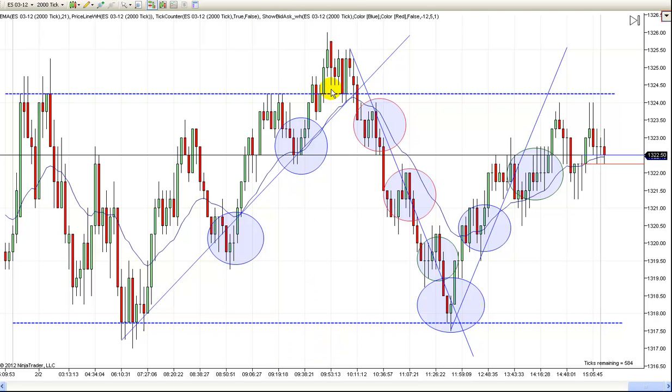But this is acceptance of these prices temporarily at this price. See how prices got up here, even though they couldn't go higher, they didn't immediately break lower, they got stuck right in here. Well, that's acceptance of these prices. Even though it sold off temporarily, the market was accepting these prices. When the market reverses off of something like this right down here, they didn't accept prices down here this time.